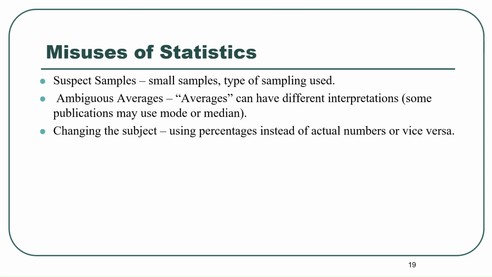So you need to make sure: is it better to talk about percentages in that case or real numbers? Just ask yourself that one question before deciding to go with results that are published.